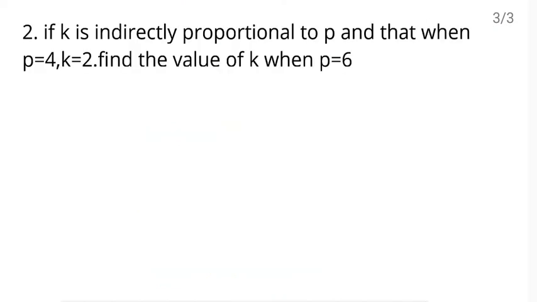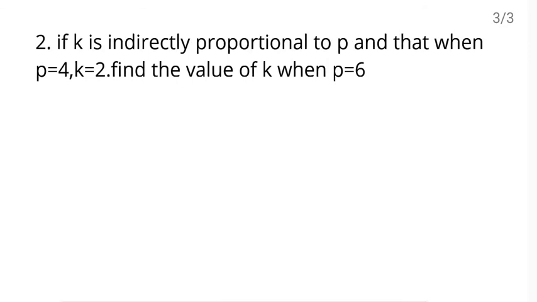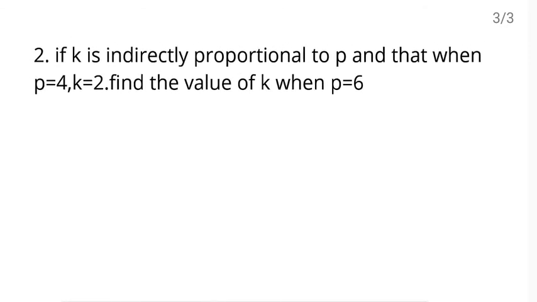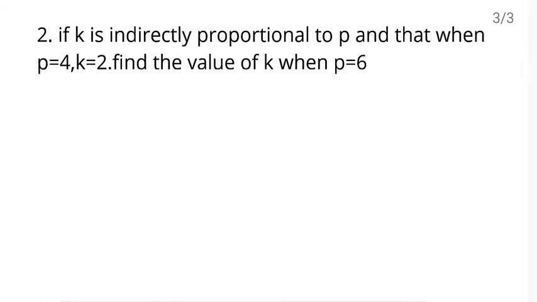Example 2 is saying that if k is indirectly or inversely proportional to p, and that when p equals 4, k equals 2, find the value of k when p equals 6. So we are going to write the expression as k is inversely proportional to p. You introduce the constant of proportionality, but because now we are given k, we cannot use the constant of proportionality as k.